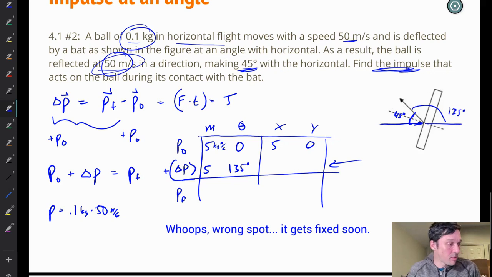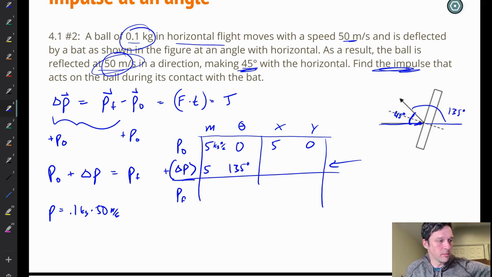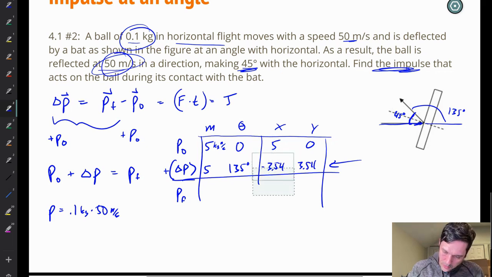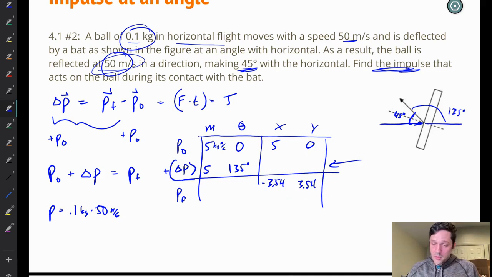So the x component of my momentum is going to be 5 cos 135, negative 3.54. And my y component is going to be 3.54. That's the wrong spot. So my final momentum is negative 3.54 units in the x direction and 3.54 units in the y direction.